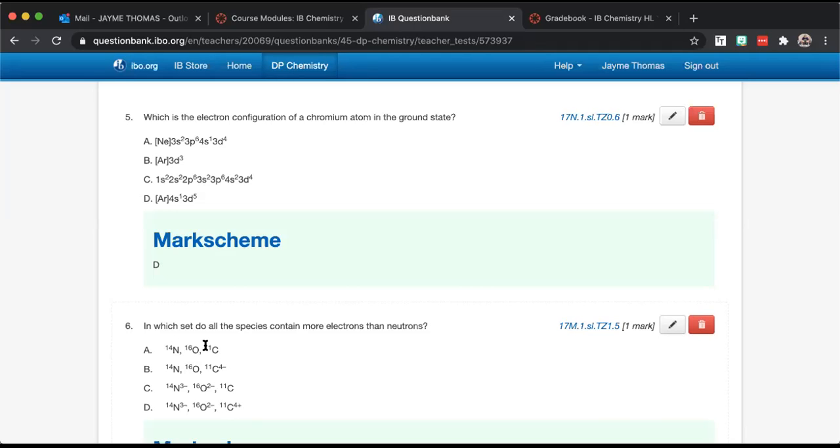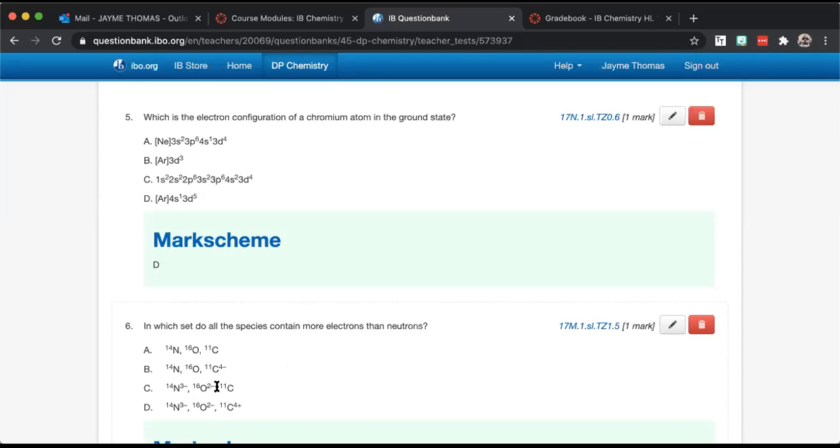So A is not going to be it, because for nitrogen and oxygen, the protons, the electrons and neutrons are actually the same, okay? And actually for B, they're going to be the same as well, because there's no charge on those, right? So on B, the nitrogen has 7 neutrons because we subtracted, and it's also got 7 electrons because there's no charge. So it can't be A or B.